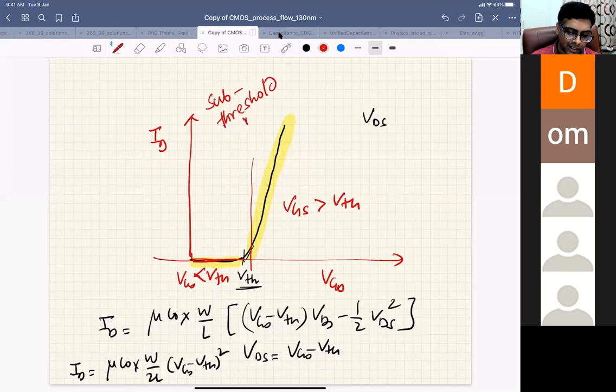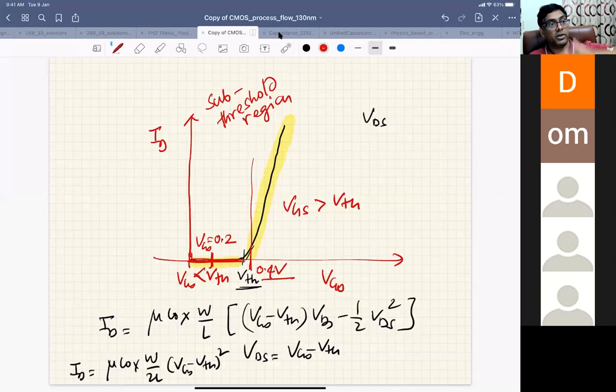And in the sub-threshold region, the current is not zero because, see, when I'm applying a positive VGS, even let's say VTH is 0.4 volt. Threshold voltage is 0.4 volt. At this point, let's say I'm applying a gate to source voltage of 0.2 volt. Even though 0.2 volt is less than 0.4 volt, the surface is not inverted.